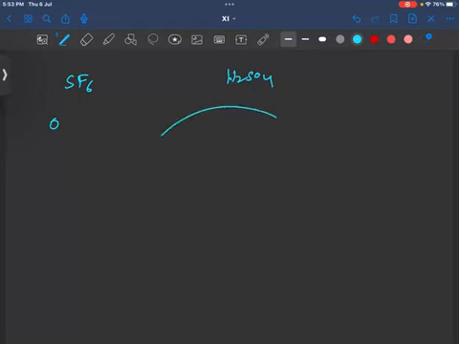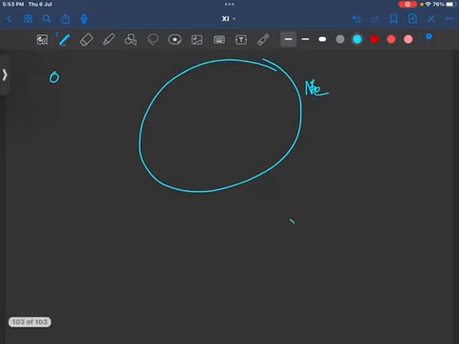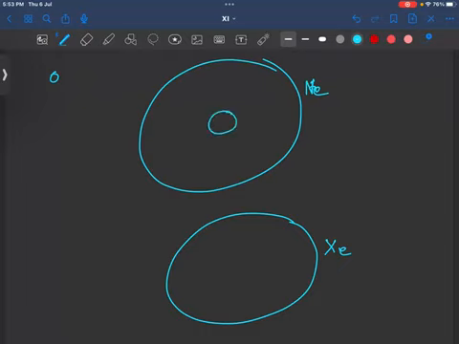So let's say I'm comparing helium, neon, and xenon. Look carefully at why they form compounds. This is the nucleus of xenon. Now between the nucleus of neon and the outermost valence electrons, obviously there will be 8 valence electrons, right? 1 2 3 4 5 6 7 8.